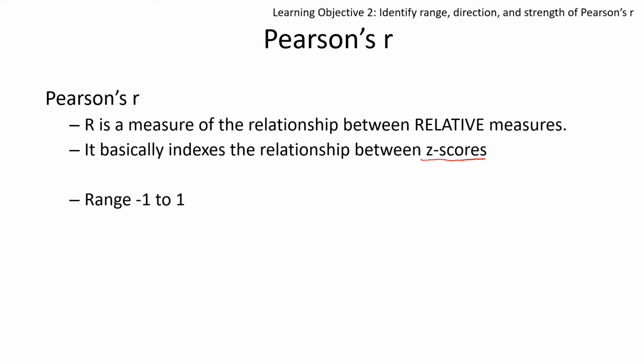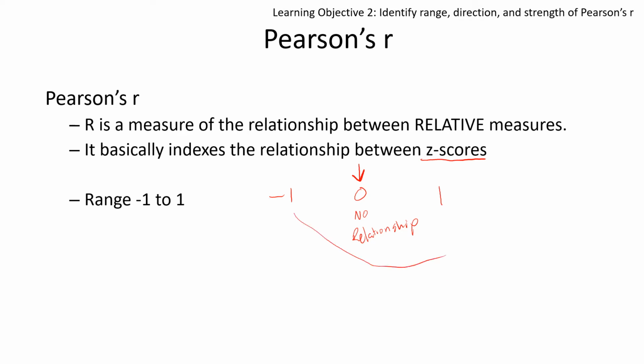Then, Pearson's R ranges from -1 to 1. And scores go from -1 to 0 to 1. 0 indicates no relationship. I'm going to talk about what specifically is going on in between greater than 0 and less than 1, but 0 indicates no relationship.